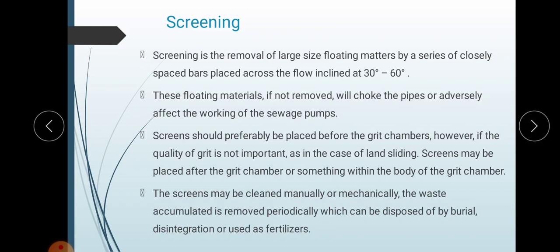Okay, and the screens may be cleaned manually or mechanically, and the waste accumulated is removed periodically, which can be disposed of by burial or disintegration, or used as fertilizers.